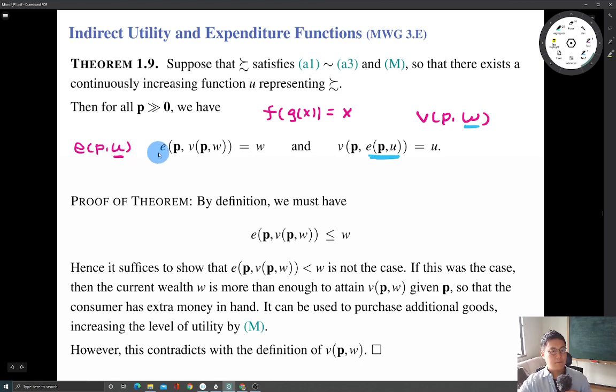And from this relation, we can recover the indirect utility, because indirect utility is given by the inverse function of E. So setting this expenditure function equal to W and then solving for U gives us the information about indirect utility. Let me give you a specific example.